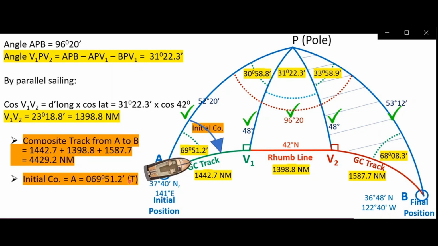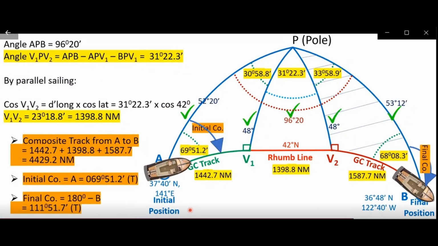Now to get the final course, let's place the vessel as it would be as it reaches B. Clockwise from true north at B up to the ship's heading, let's mark the final course. This represents the final course here. Angle B calculated is this one, and we can see the final course will be 180 minus angle B. The final course is 111 degrees 51.7 minutes true.